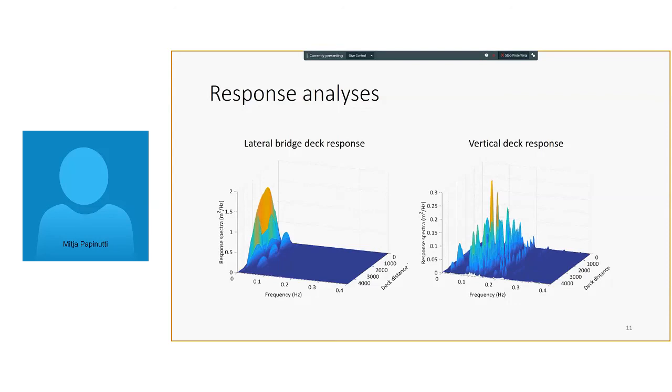I expected it to be more computationally demanding, but it's really not, because we have a very effective algorithm inside the software that's able to calculate this convolution very effectively. It's not the most expensive part.